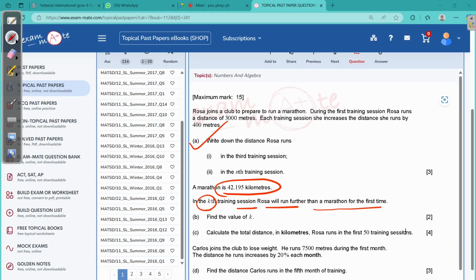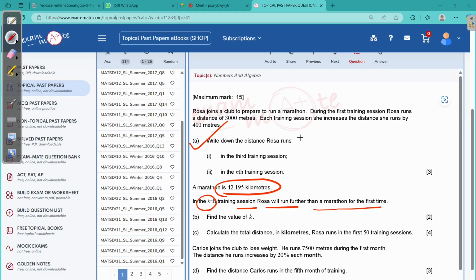If I do it using the arithmetic sequence, it's going to take so long. This is the only way. How will you solve without the arithmetic sequence? But it takes so long, I have to convert the kilometers into meters. Wait, let me explain. The question says a marathon is this much in kilometers. In the Kth training session, Rosa will run further than a marathon for the first time.